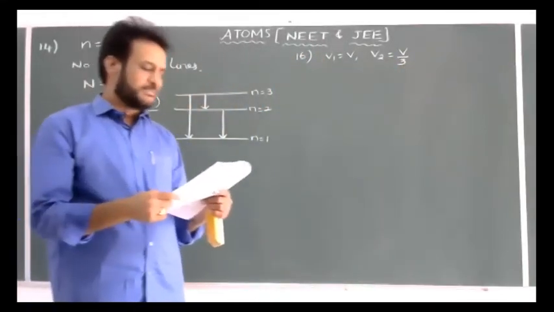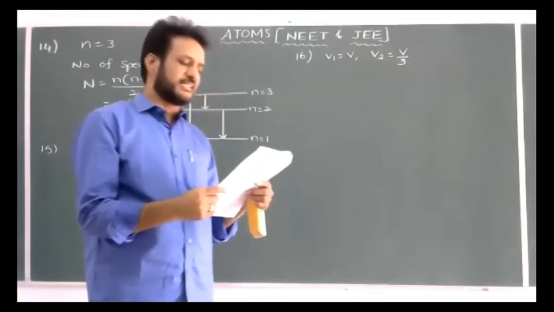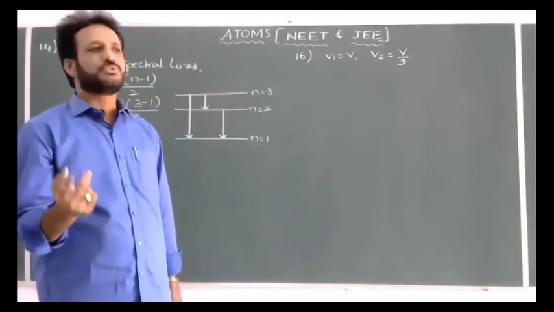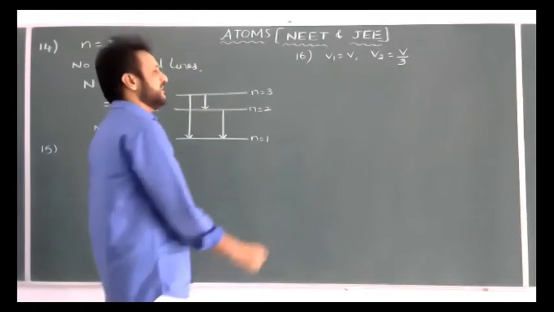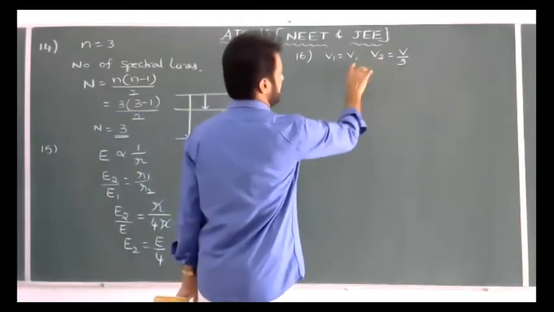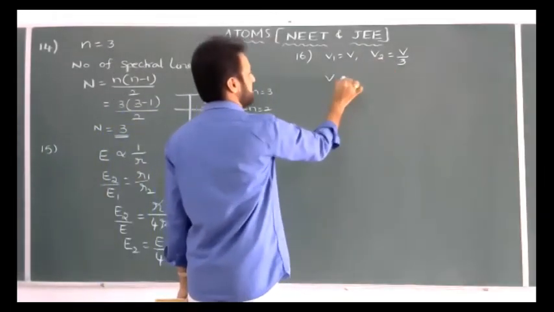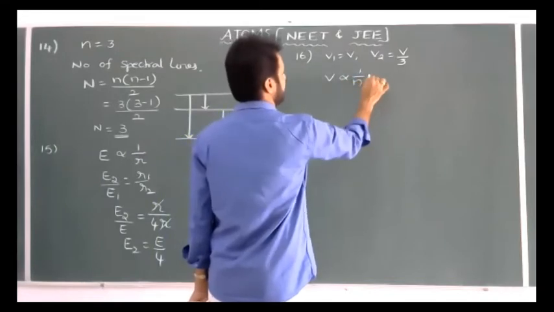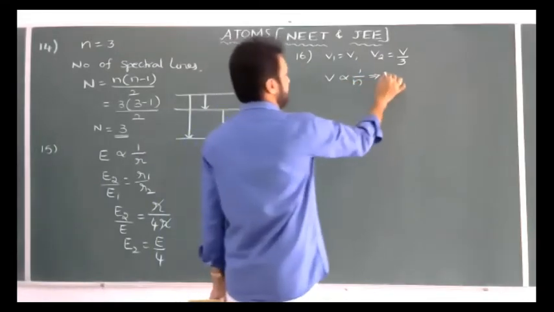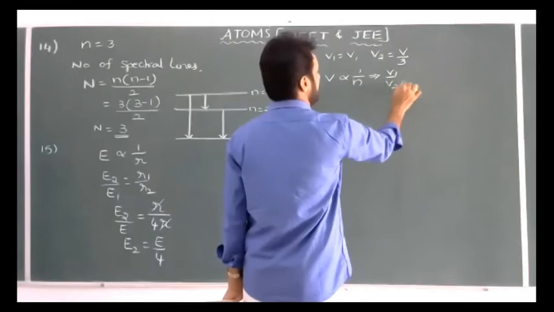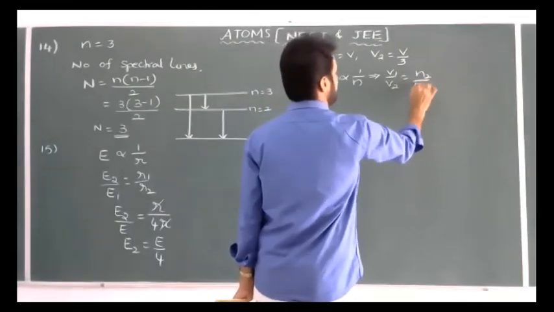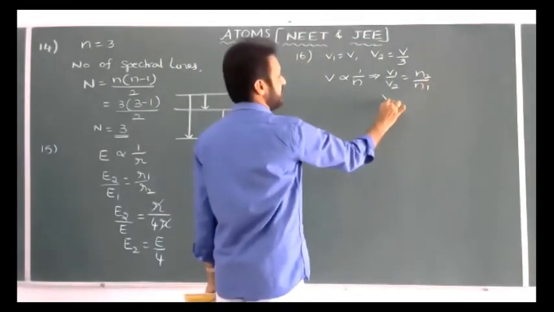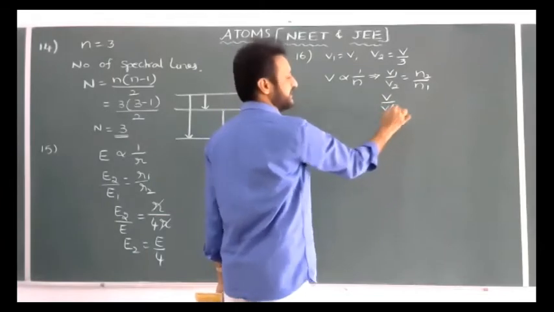Then if the radius of the orbit in the ground state is R, what is the radius of the new state, they asked. So here, velocity and quantum number, if you take, V is proportional to 1 by N. That implies V1 by V2 is equal to N2 by N1.